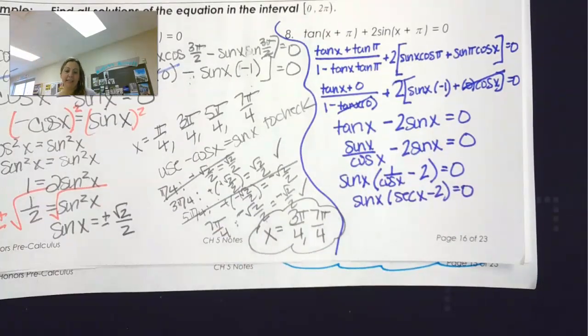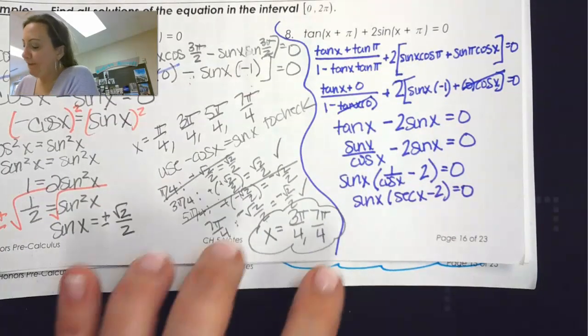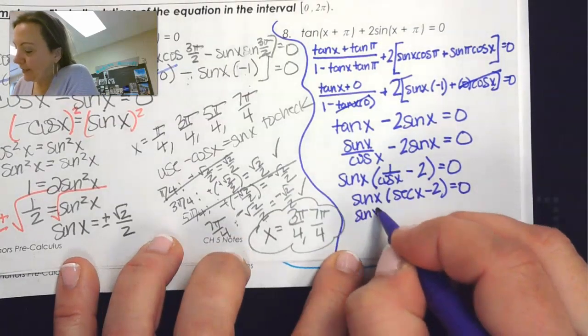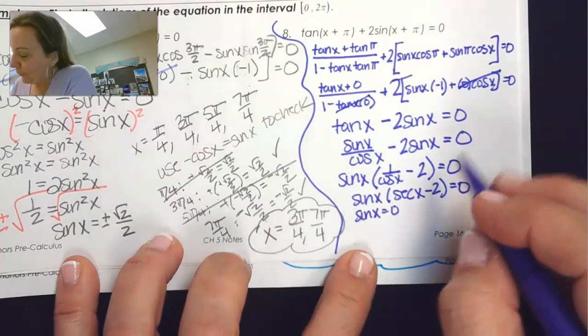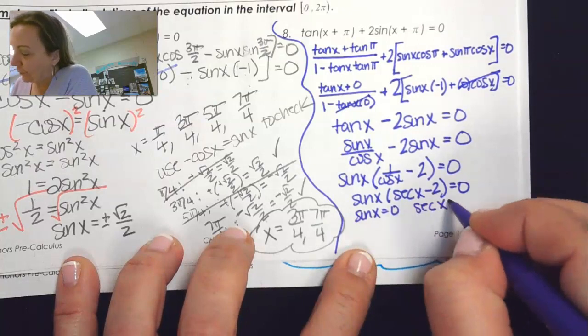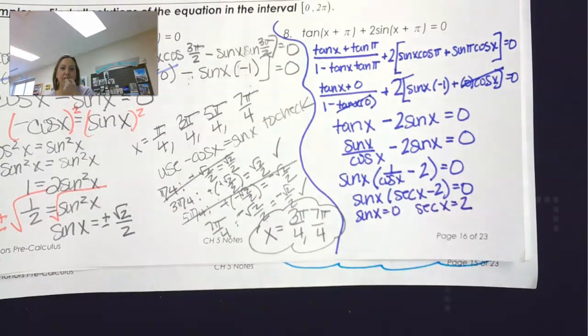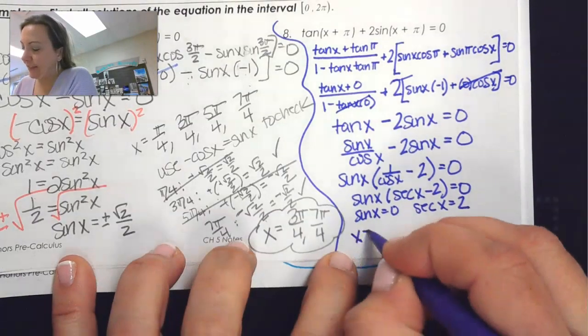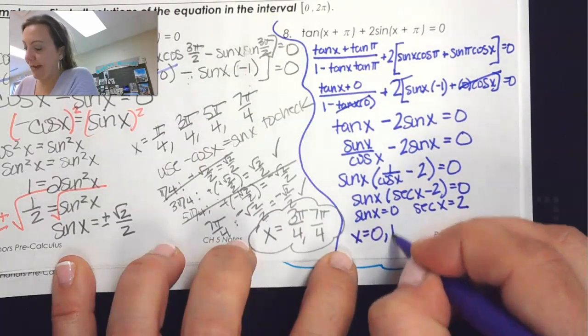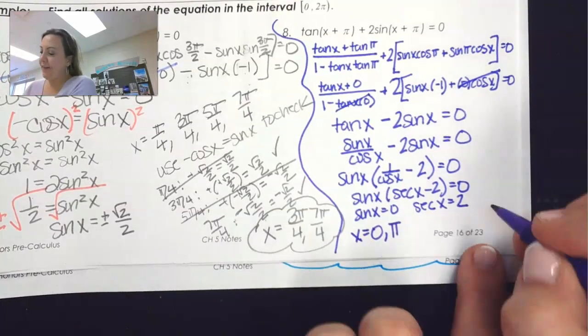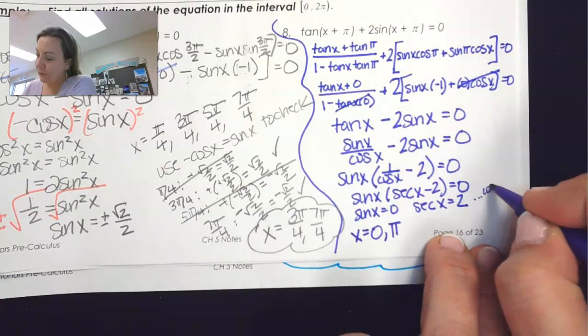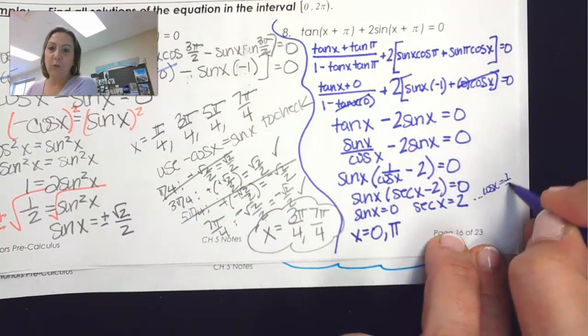And now we have this nice factored form. So we want to find when the sine of x equals 0 and when secant of x is equal to 2. Well, on the interval of 0 to 2 pi, sine is 0 at 0 and pi. And secant of x equals 2, we're really finding when is the cosine x equal to 1/2.